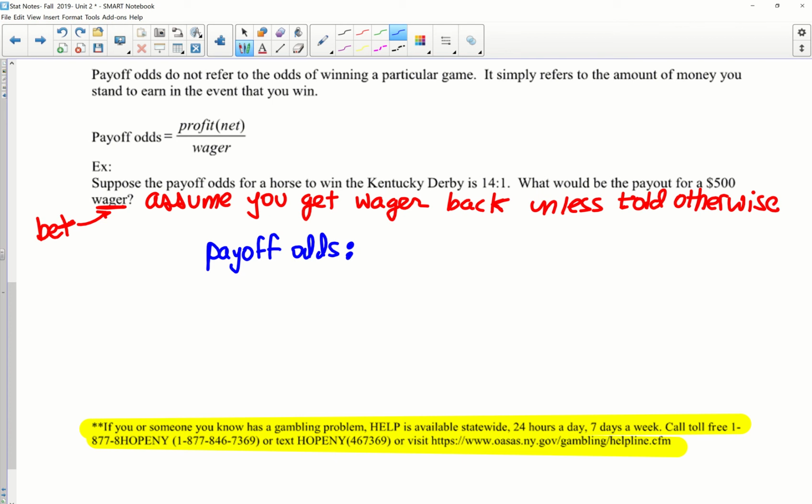is going to be, so the profit, let me just do that off on the side here, profit is going to be 14 times the 500, which is 7,000.